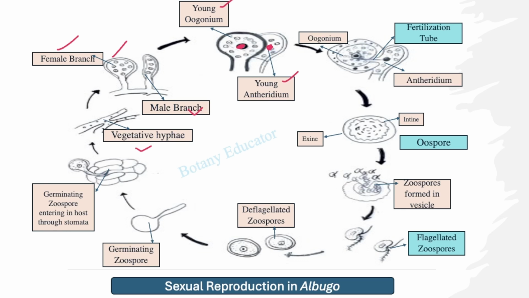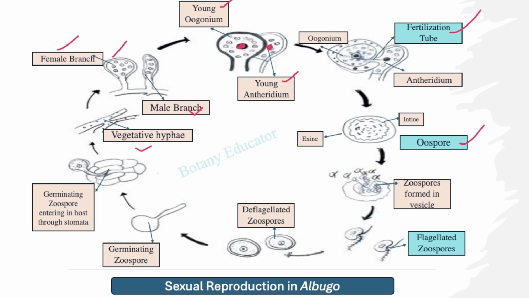Then through a fertilization tube, from the antheridium the male nuclei and some protoplasm will be transferred into the oogonium and will fuse and form a structure called the oospore. This oospore is covered with a wall which is composed of exine and intine. Now this oospore will germinate again.